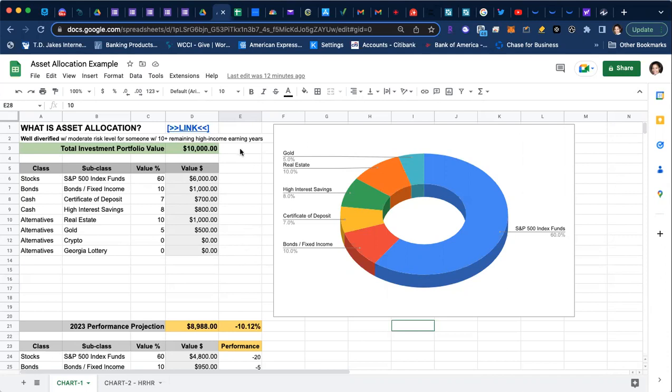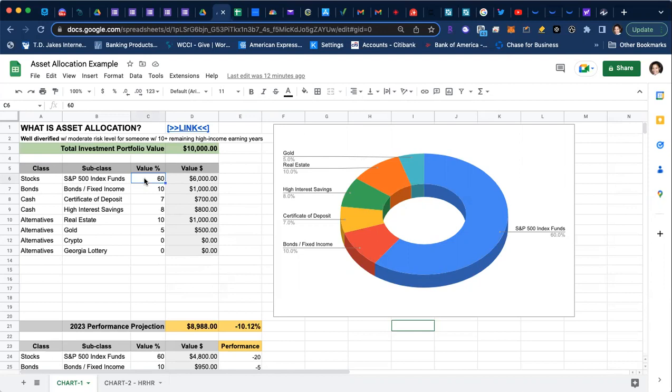In this portfolio, and again, it's just an example, I take the total portfolio value at, let's say, $10,000.